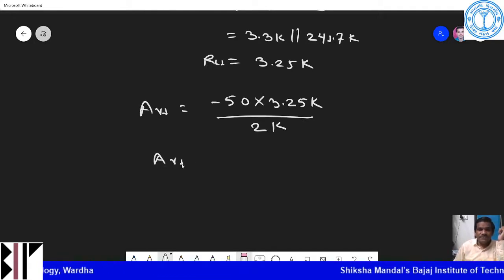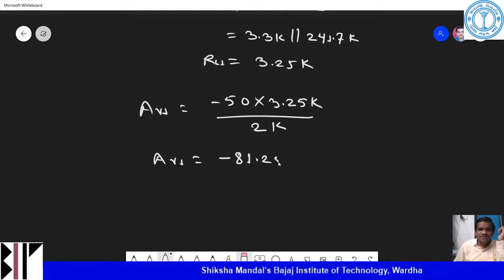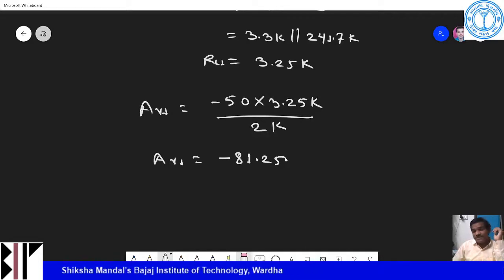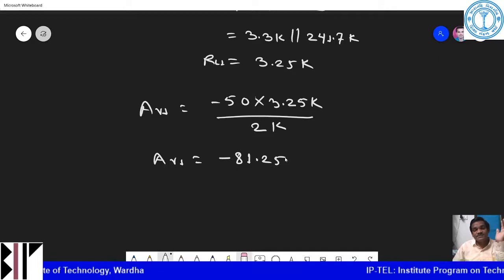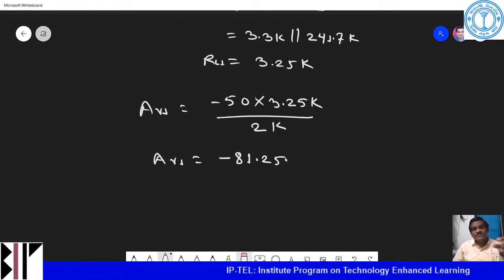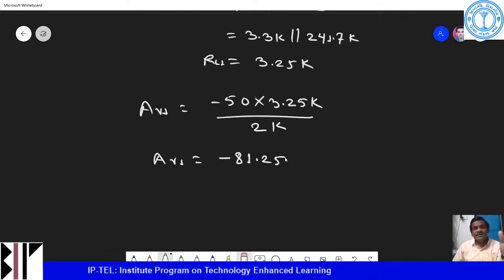So AV1 is nothing but minus 81.25. We have done the analysis for stage 1 and stage 2. Stage 2 is a common collector amplifier, stage 1 is a common emitter amplifier, and we have calculated the current gain, input resistance, and voltage gain for every stage.